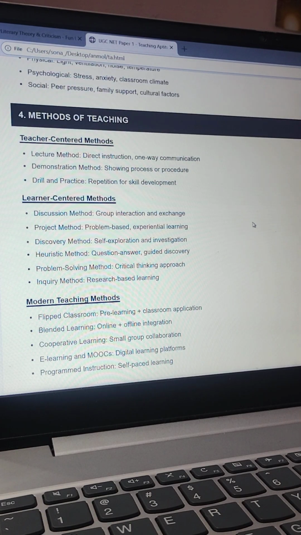Talking about the methods of teaching, if you only focus on these keywords, they are very helpful. And why I am mentioning this again and again, that keywords are important, is because I have been observing the trends of UGC and the pattern of questions.